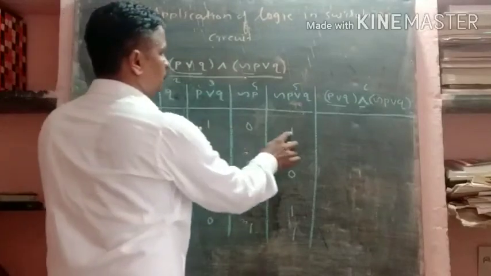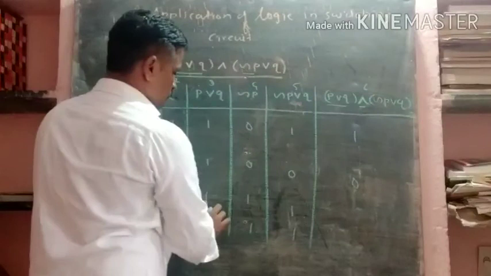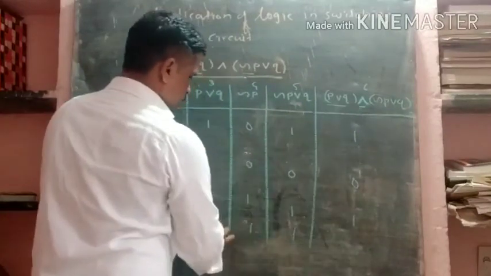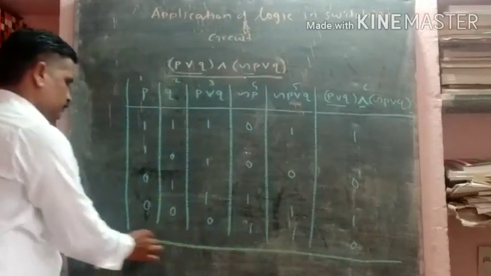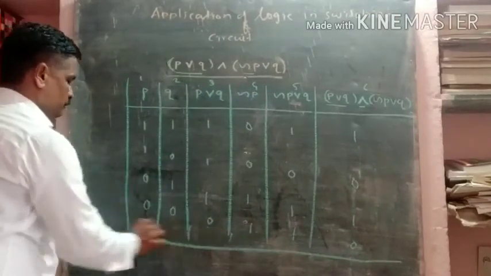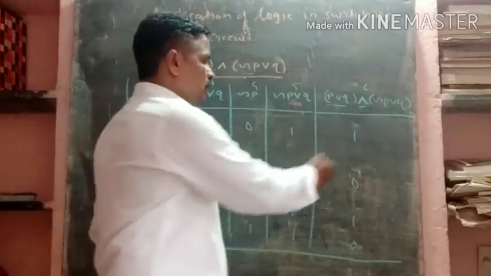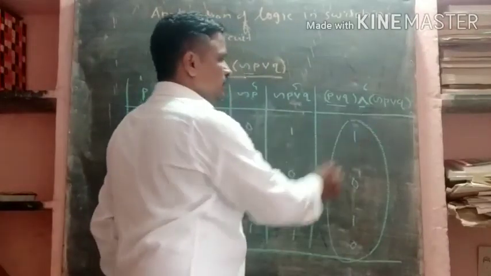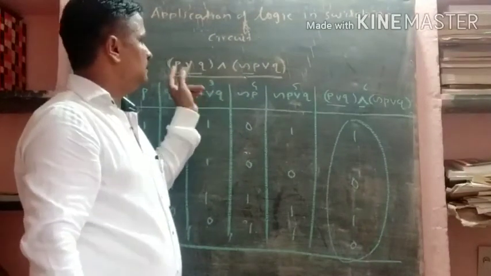So 1 1 0 0 1 1 1 0 1 0. Observe this. It is the outcome of switches connecting in a series way.